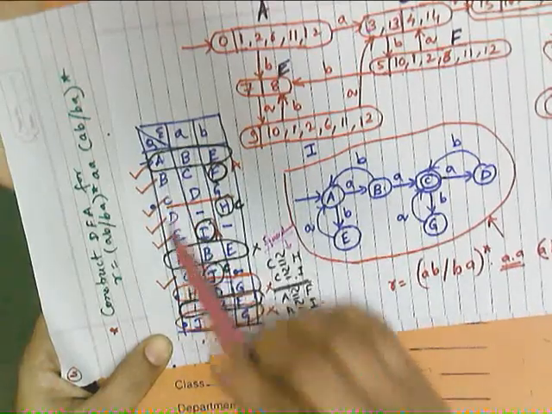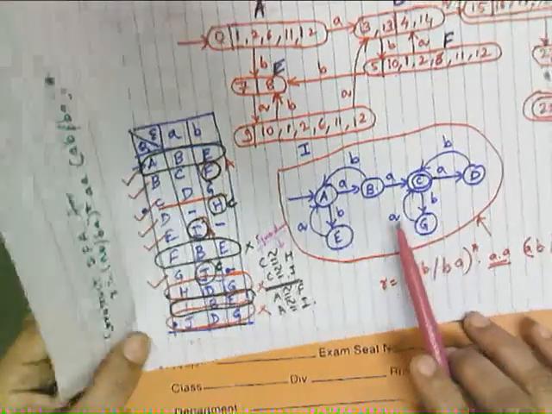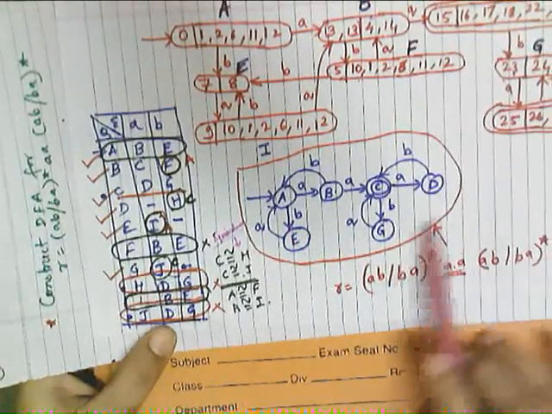Okay. Considering all these states, we will draw the final DFA, which will look like this.